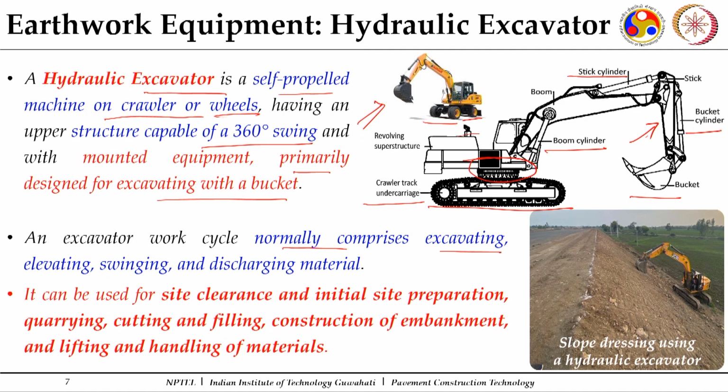So it can pick material from one place through the bucket and dump it at another place. It can be used for site clearance, initial site preparation, clearing and grubbing, quarrying operations, cutting and filling operations, construction of embankment, and lifting and handling of materials. So it serves multiple purposes at construction sites.